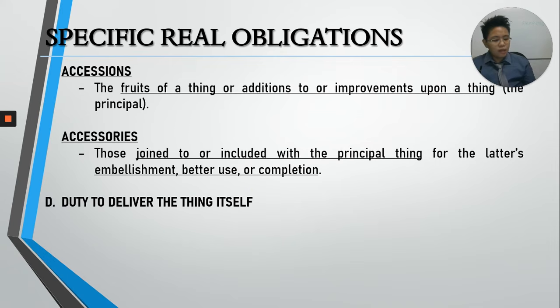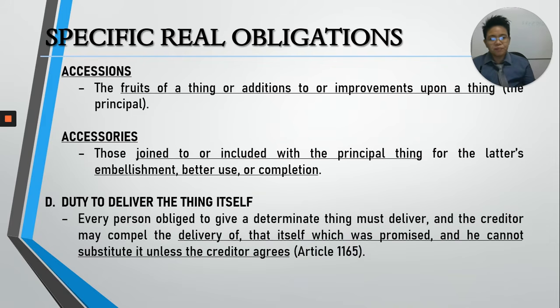What else? Duty number 4 is the duty to deliver the object itself. So obviously, you took care of it, you delivered it including the fruits, accessions, and accessories. Obviously, you also need to deliver the object itself. Every person obliged to give a specific thing must deliver, and the creditor may compel.